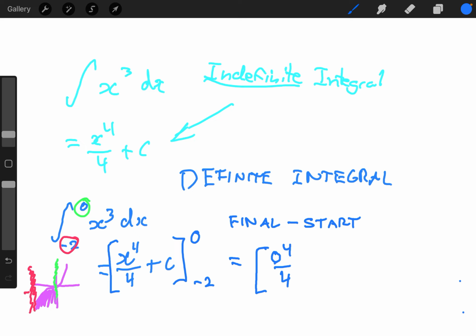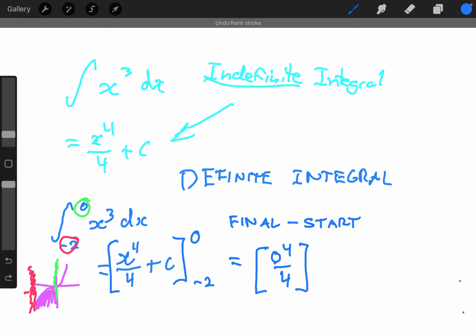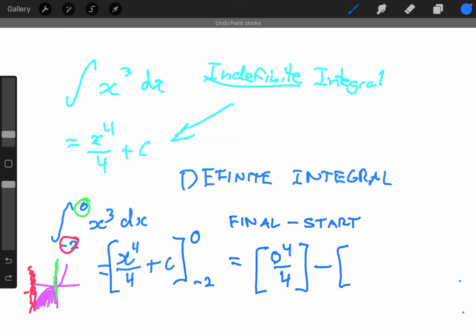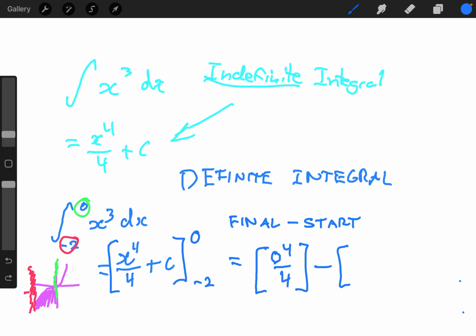So 0 to the 4, divided by 4, and then you minus from the start. And the start is the -2. So minus this function subbed in with -2, so -2 to the 4th power over 4.